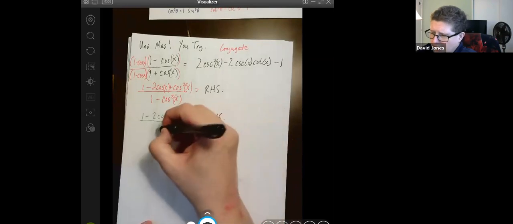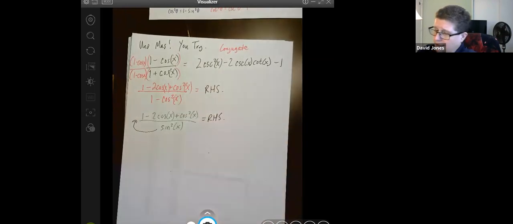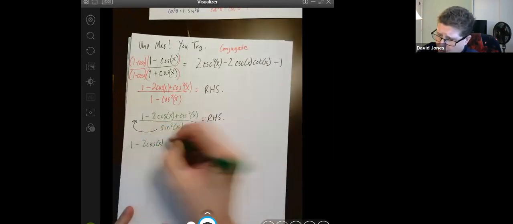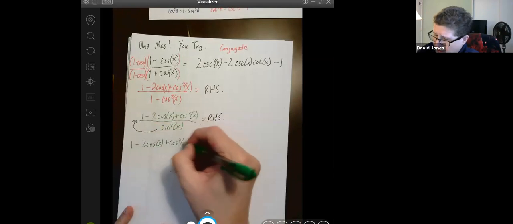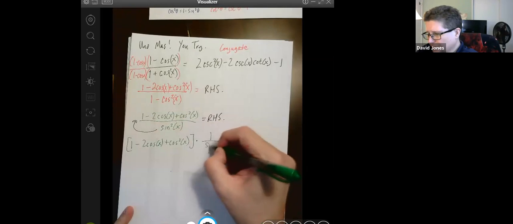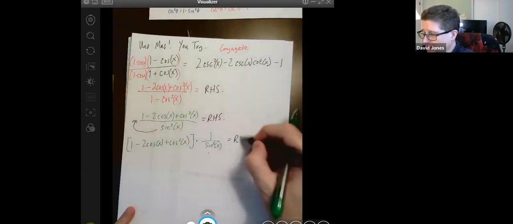And this I can turn into, well, let me rewrite it like this. I've got 1 minus 2 cosine x plus cosine squared x, that's times 1 over sine squared x. That way it's a little bit clearer to see what the jump is.